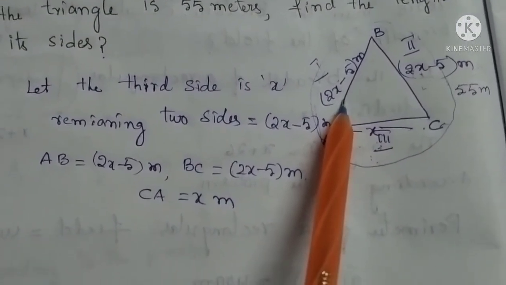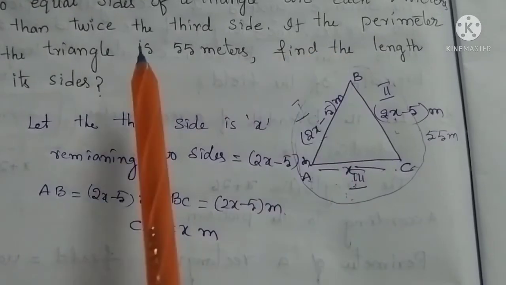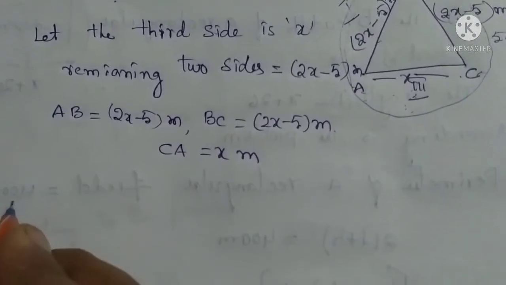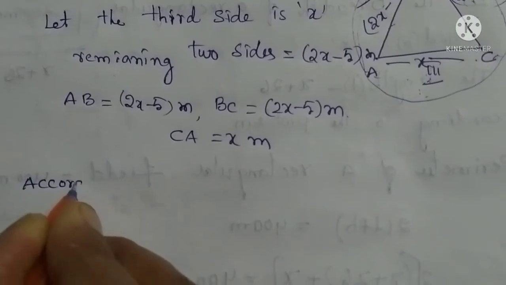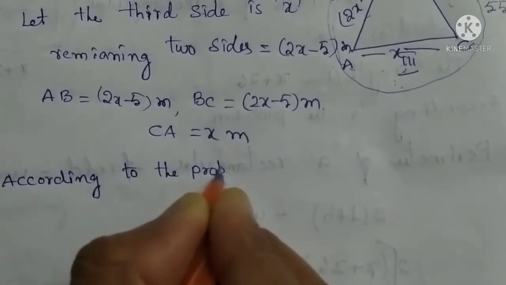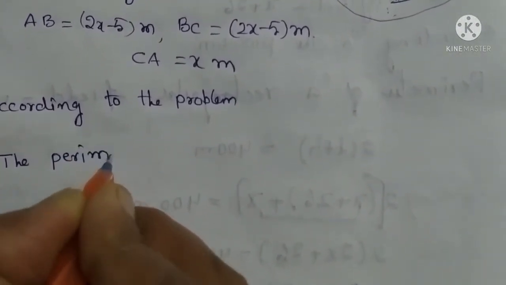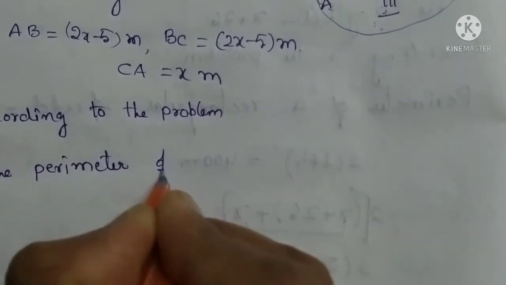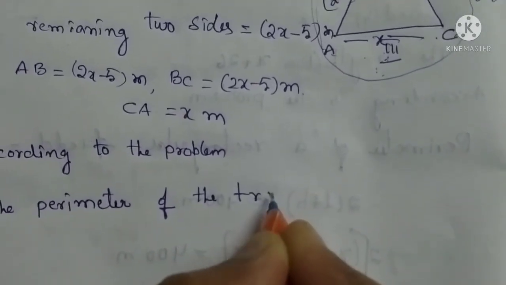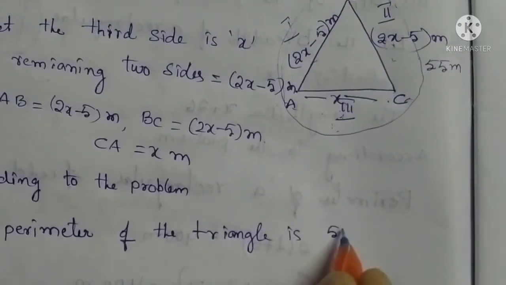Finally, the perimeter of the triangle is 55 meters.